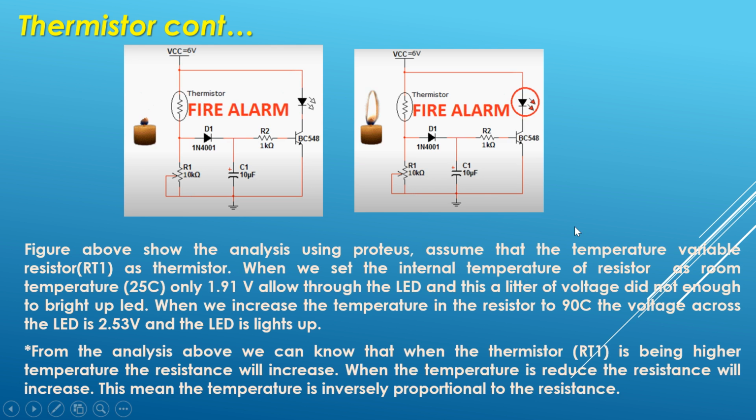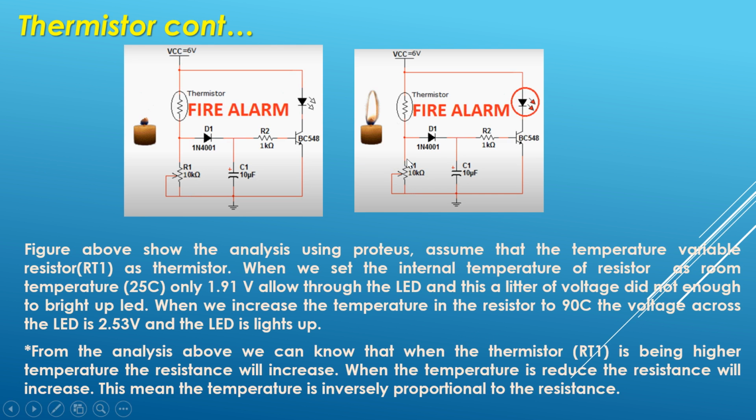When we set the internal temperature of the resistor as room temperature, which is 25, only 1.91 volts is allowed through the LED, and this small voltage is not enough to light up the LED. When we increase the temperature of the resistor to 90 degrees, the voltage across the LED is 2.53 volts and the LED lights up.